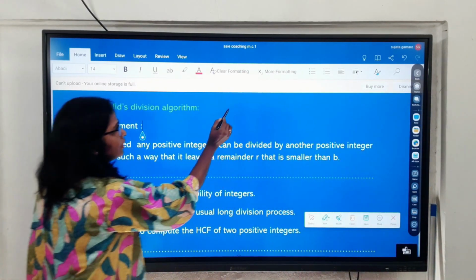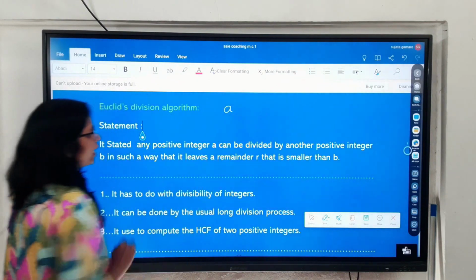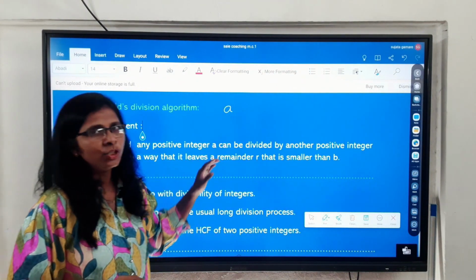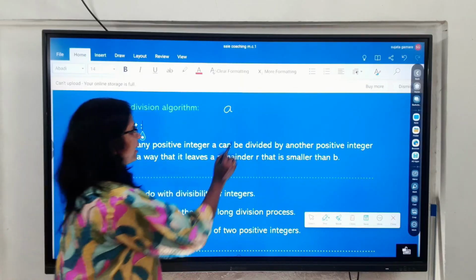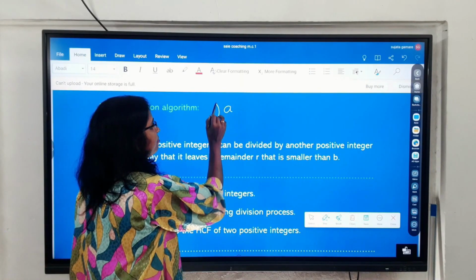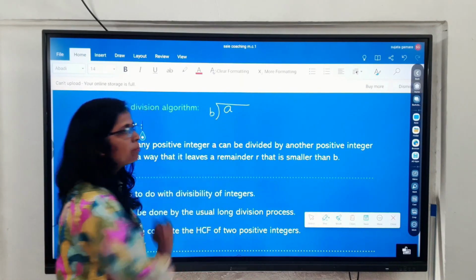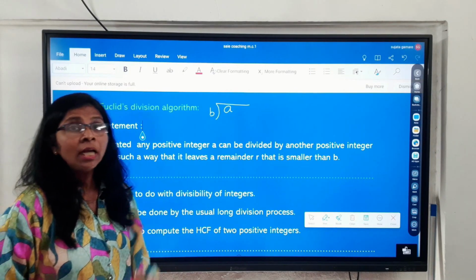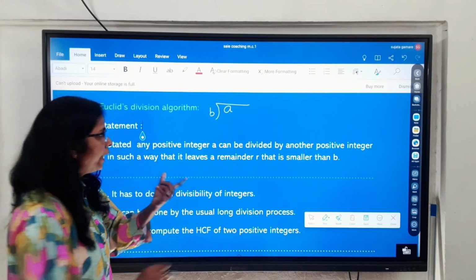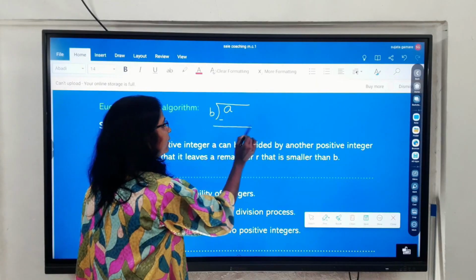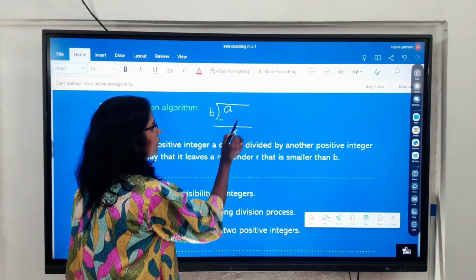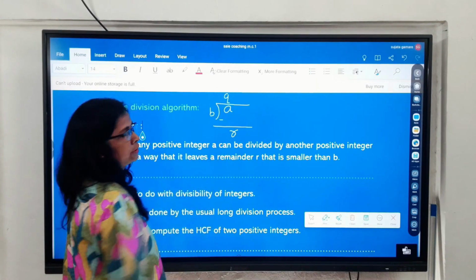The meaning of this is, if there is a positive integer a, which is divided by any other positive integer b in such a way that it leaves a remainder. This is the remainder and here the quotient.